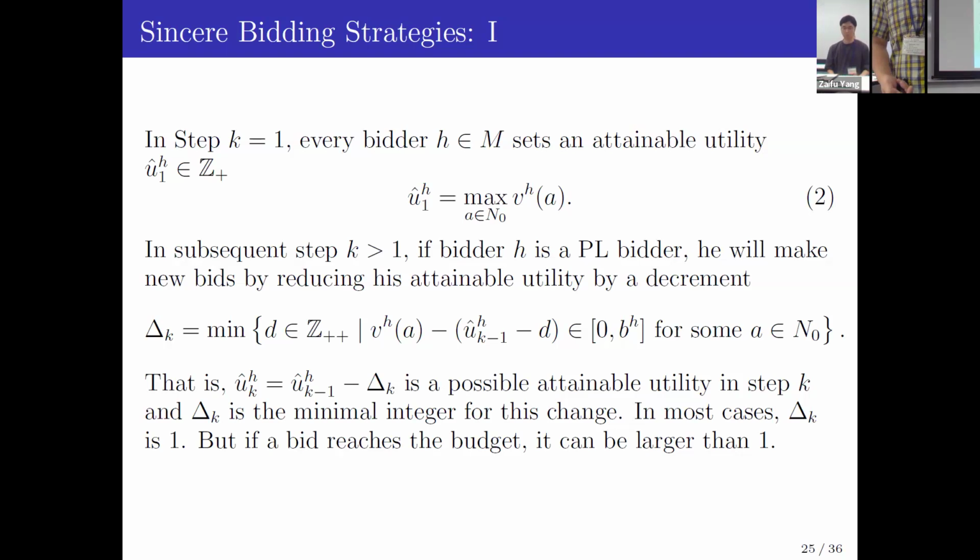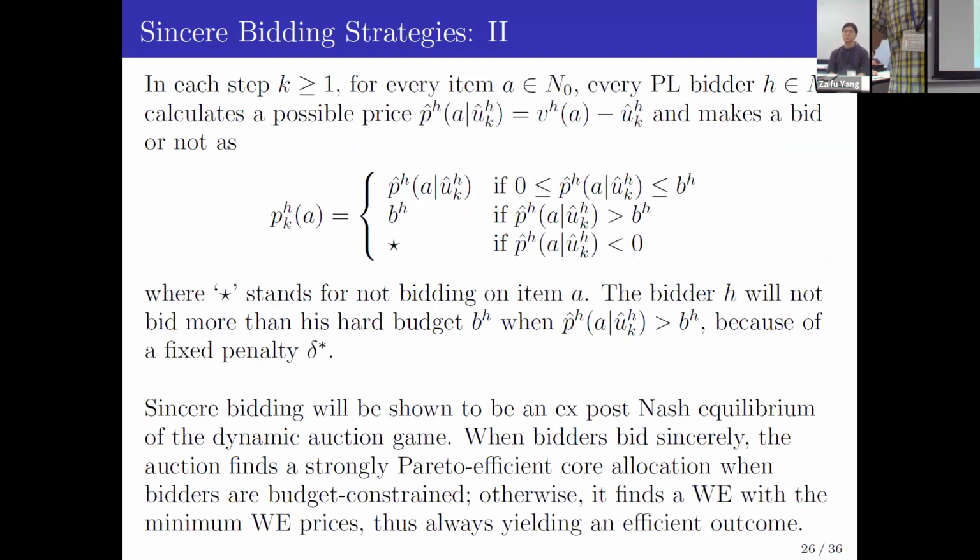Okay, when we define it this way, then how will the bidder update the price? They will do it in such a way. For each step, for every item, every provincial loose bidder calculates a possible price.